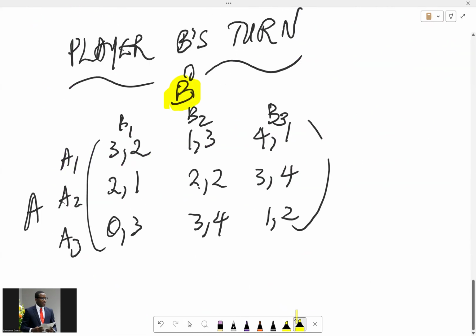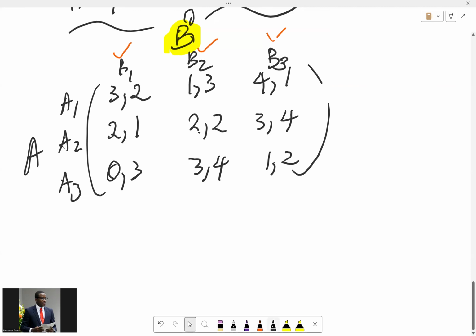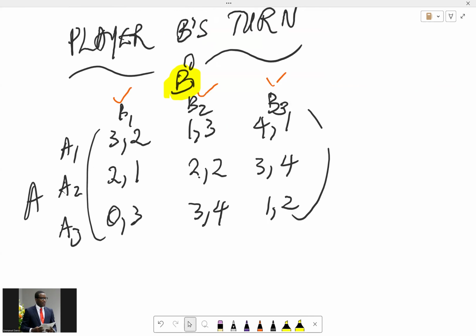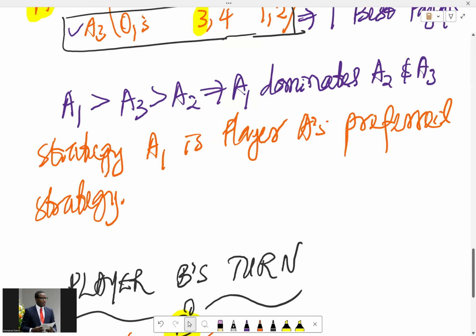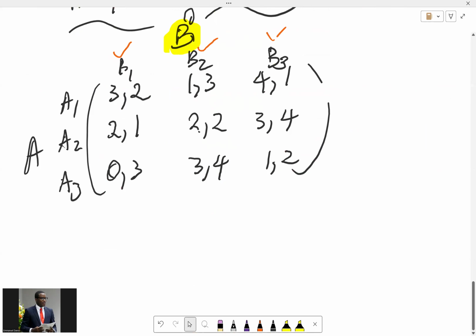So now we are shifting our attention to player B. Player B is eliminating all dominated strategies. And how do we do that? We are comparing strategies B1, B2, B3 across all of A's strategies for player B. So check all the strategies available to player B. What is the best? Before, this was across; this is going to be down the strategies.